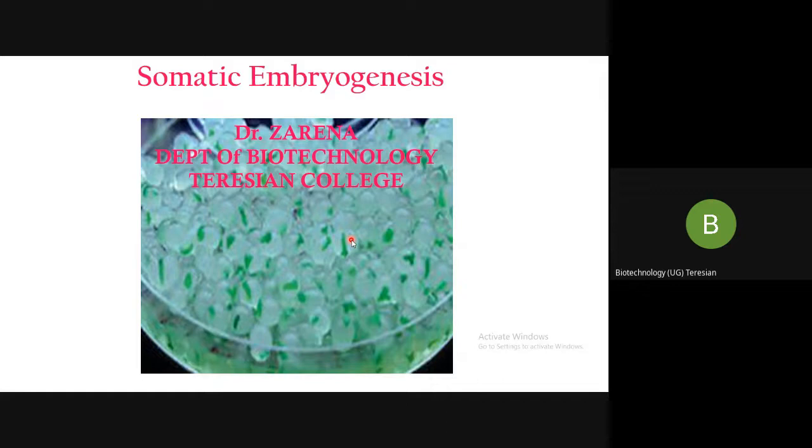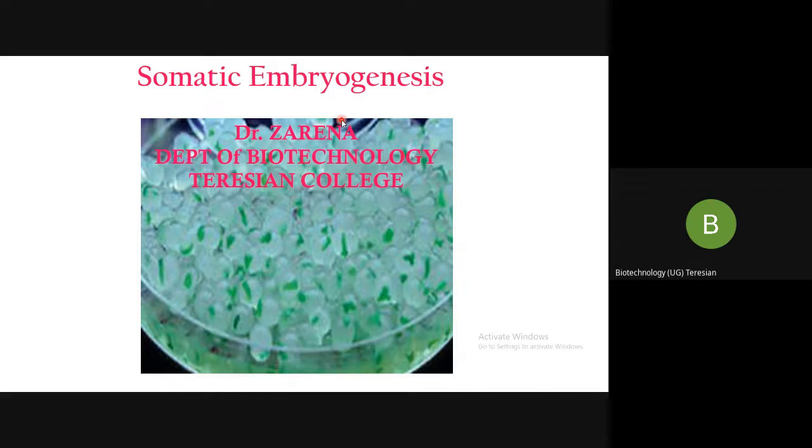Now, synthetic seed technology involves somatic embryogenesis, for which large scale propagation of plant materials, particularly somatic embryos, is used for clonal propagation, and they can be genetically stable, particularly if they are produced by the direct method.